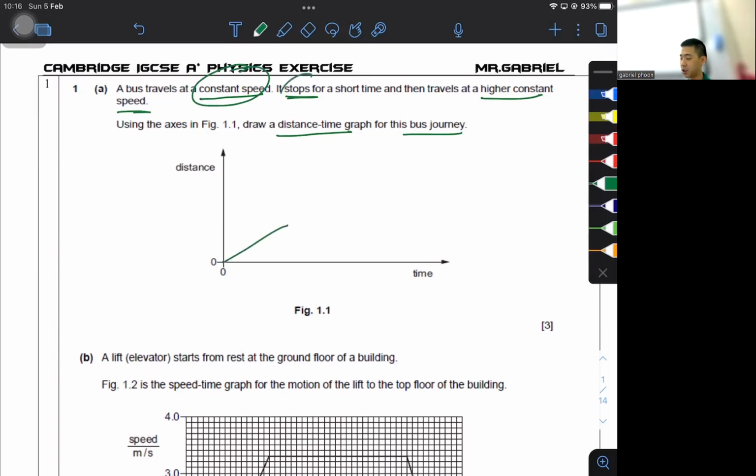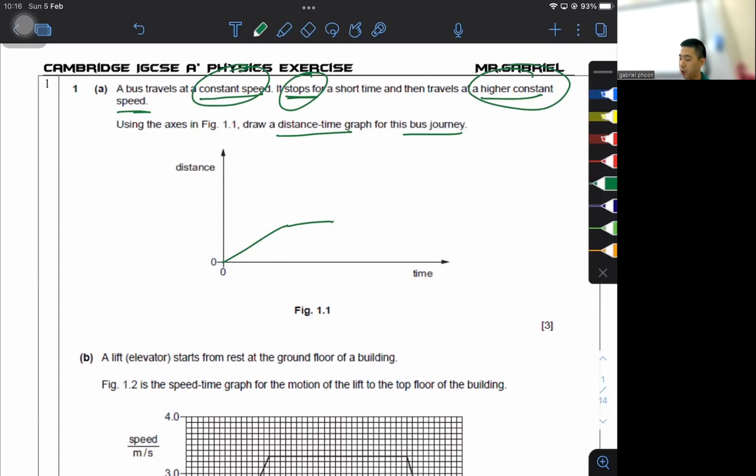Then it stops. Stops means zero speed, which means zero gradient, which is a horizontal flat line here, which is very poorly drawn, but it's still a horizontal line. Then the last part says it had a higher constant speed, which means a higher constant gradient.